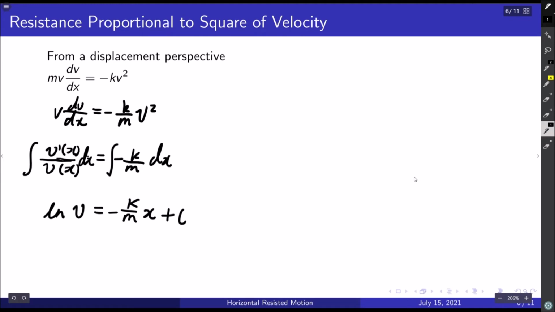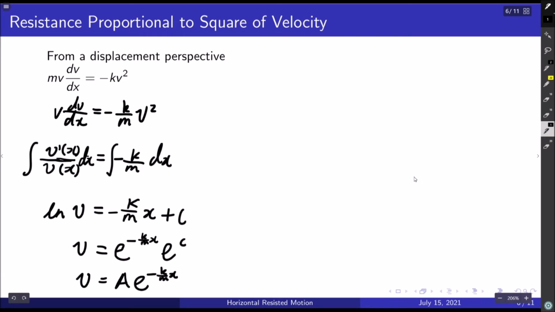From here, we have to find a way to make v the subject, so we raise both sides to the power of e. We end up with e to the negative k over m x times e to the power of c. So v once again is an exponential function.